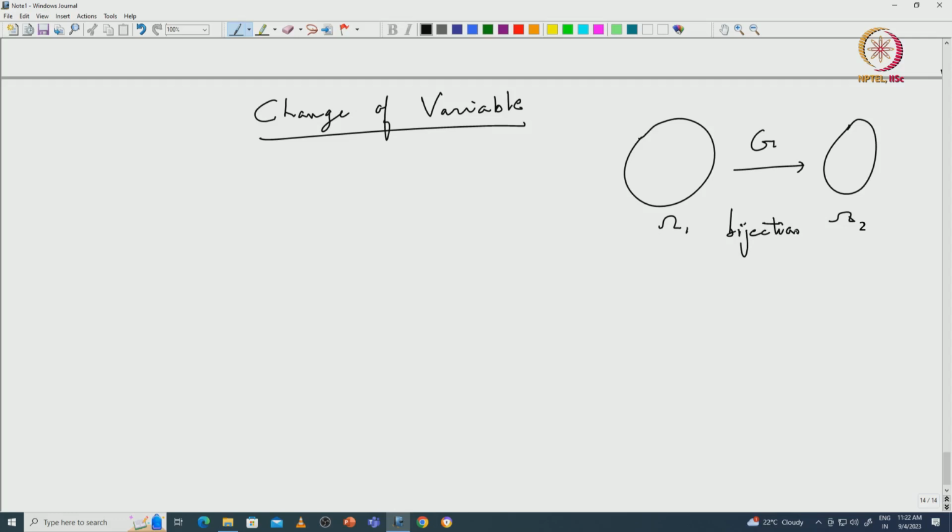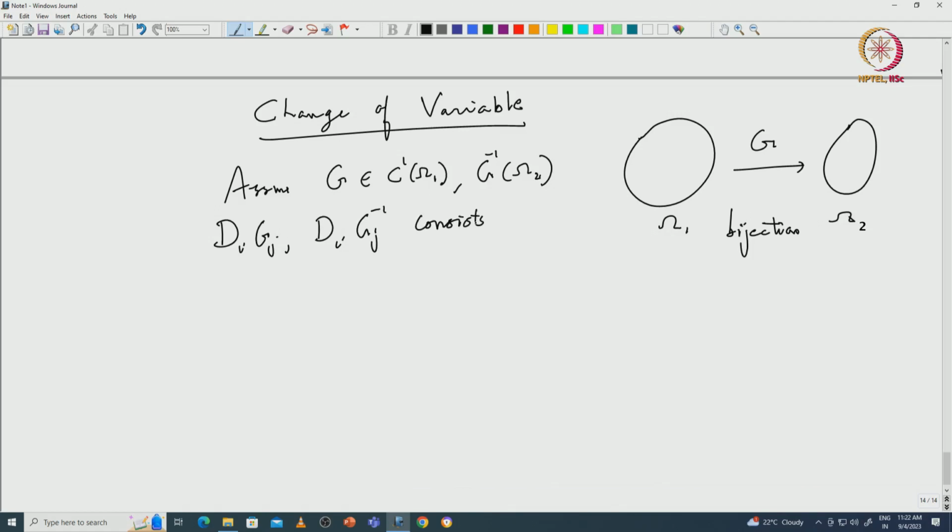And you assume G is in C1 of omega 1, G inverse is in C1 of omega 2, and you also need some control on d_i of G_j and d_i of G_j inverse, some boundedness on the derivatives, meaning they consist of L infinity functions.